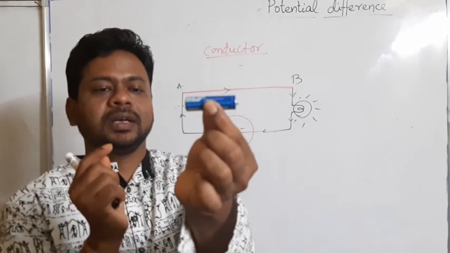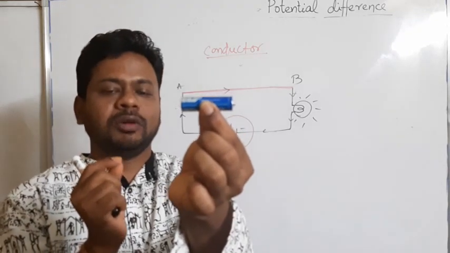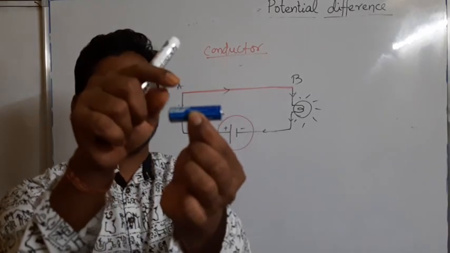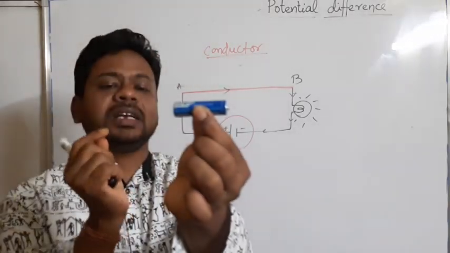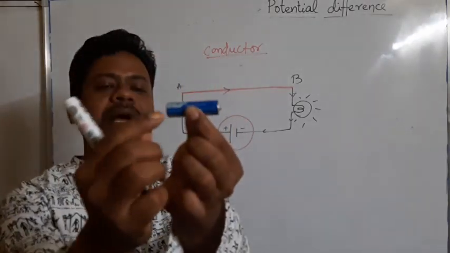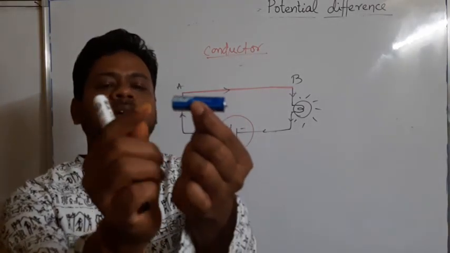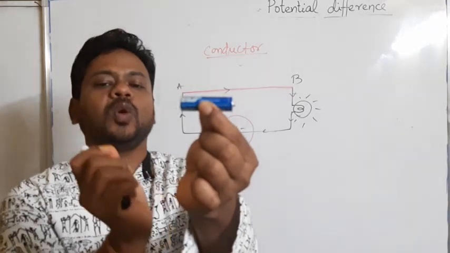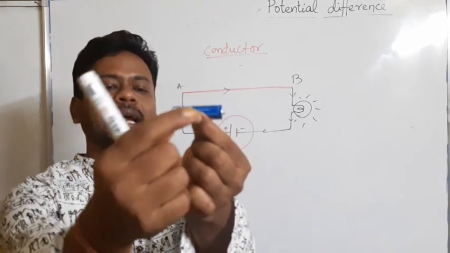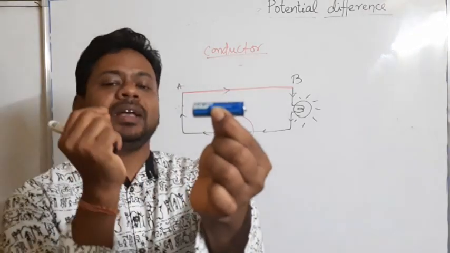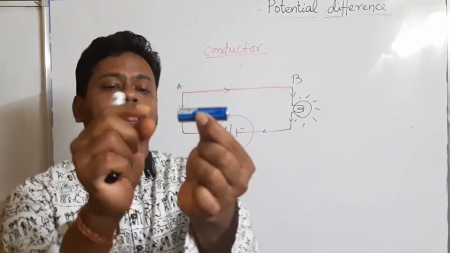This cell we normally call a pencil cell. The positive end has higher electric potential and the negative end has lower electric potential. If you take the difference between these two ends, it will be 1.5 volt.